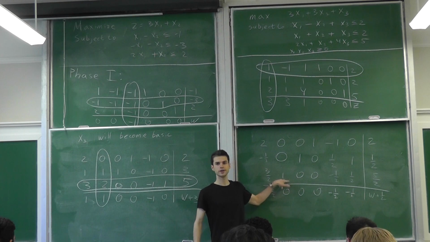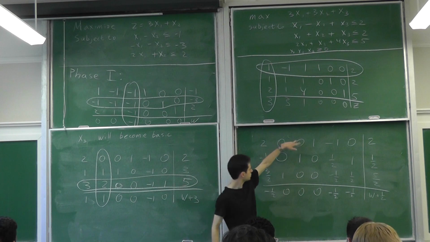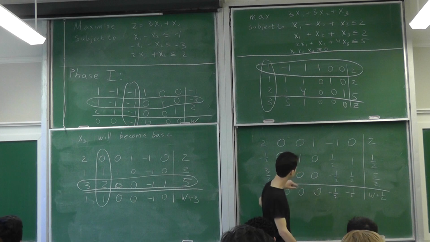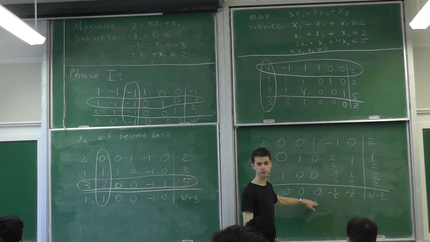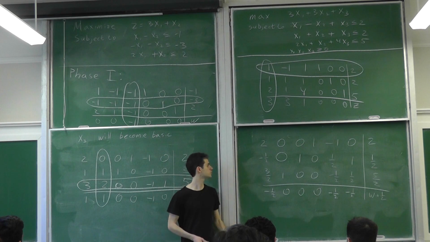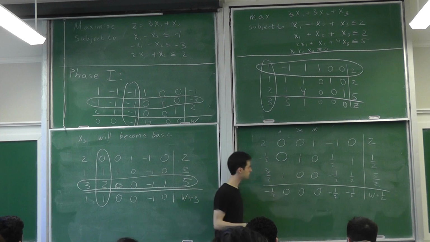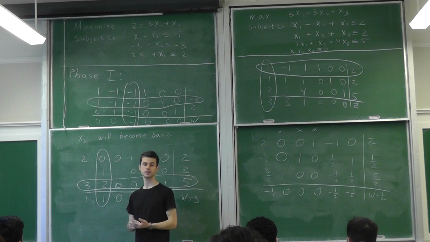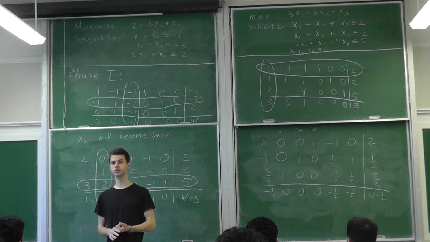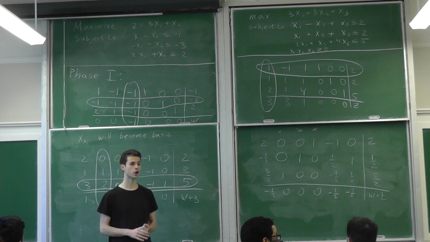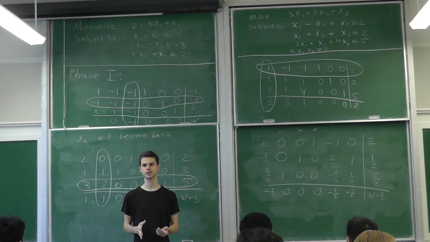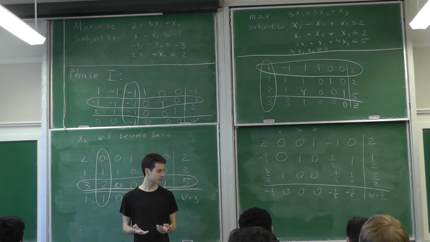So now my basic variables are x2, x3, x4. So this corresponds to the basic variables. Can I increase W any further? So W is now what? Negative half, yes.